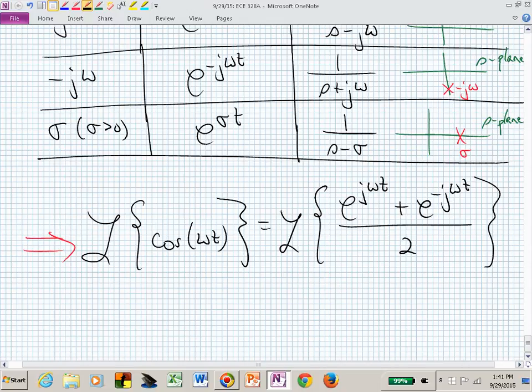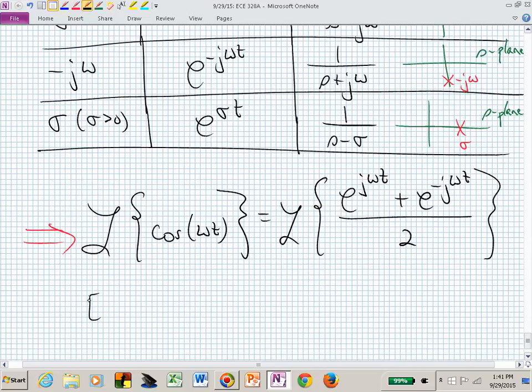If you remember Euler told us that e to the jx was cosine x plus j sine x. Well, if you play with that, you'll see that you can make cosine of omega t equal this combination of complex exponentials.